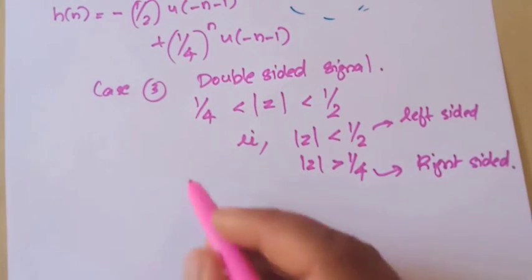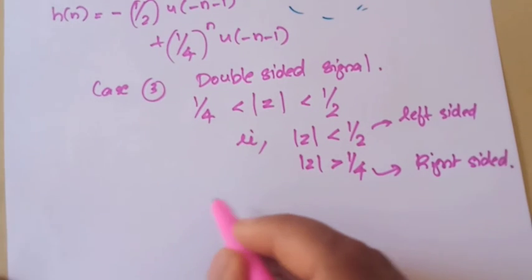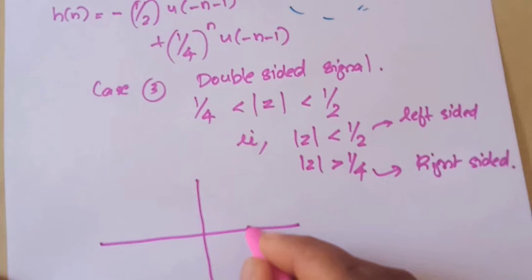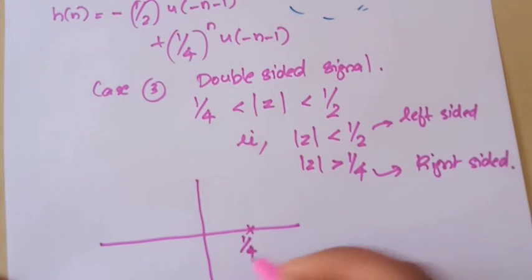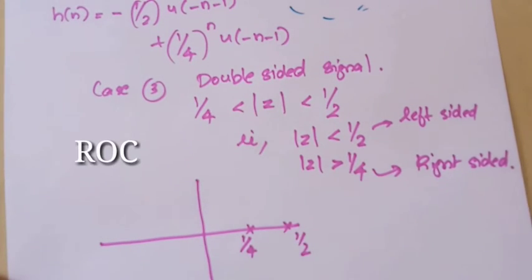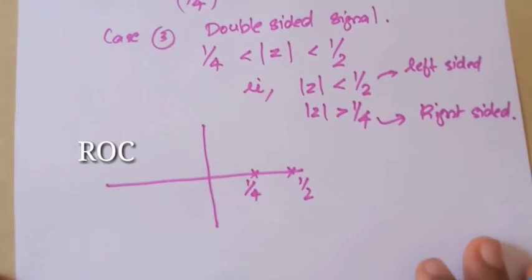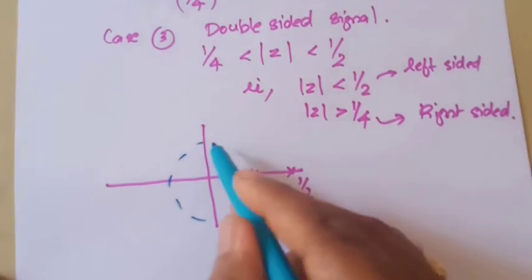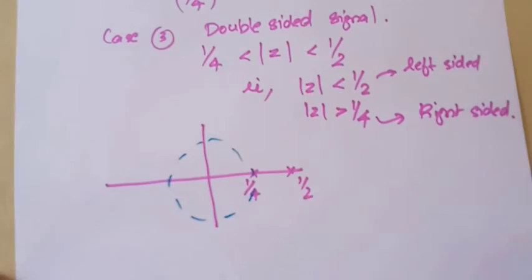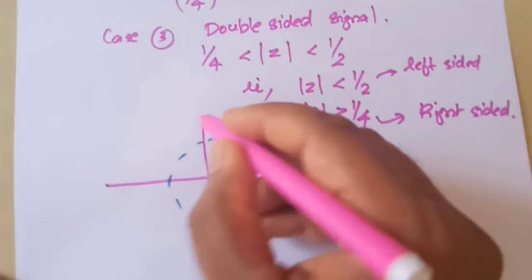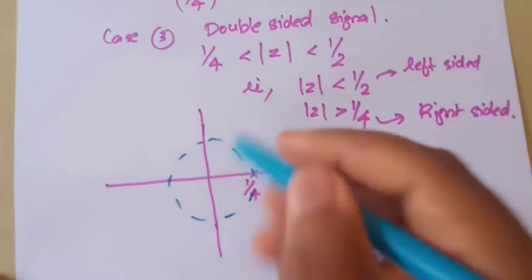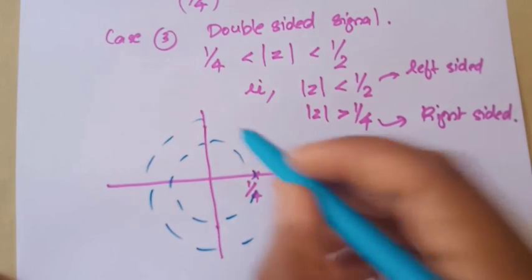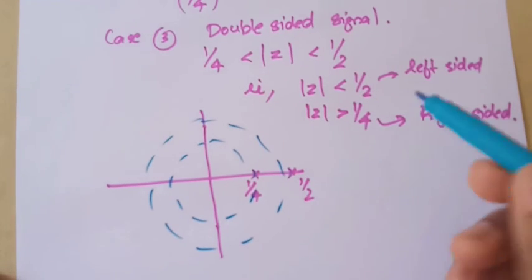Then we draw the ROC z plane, mark the pole values as 1/4 and 1/2, and draw circles passing through the pole values 1/4 and 1/2.